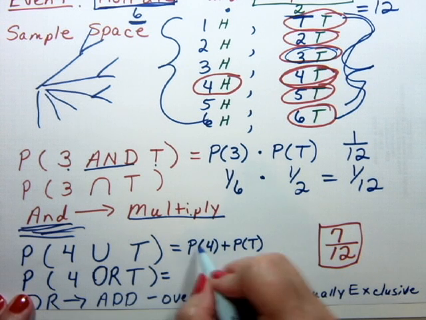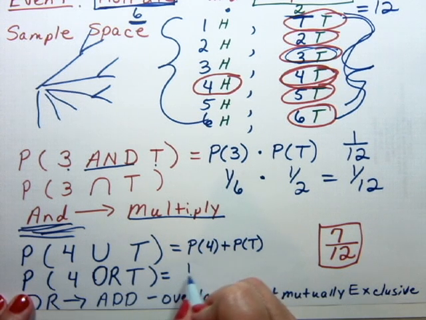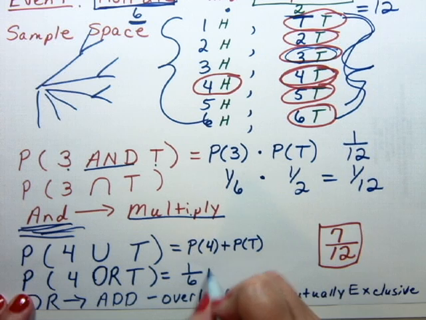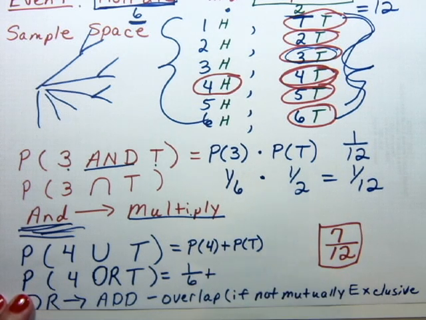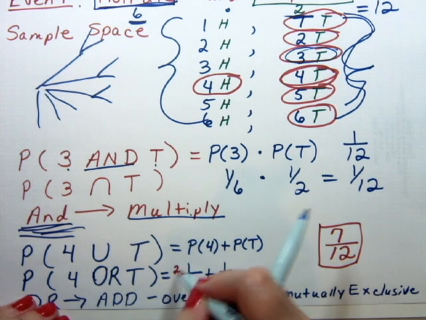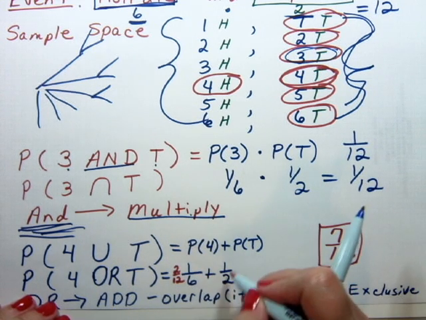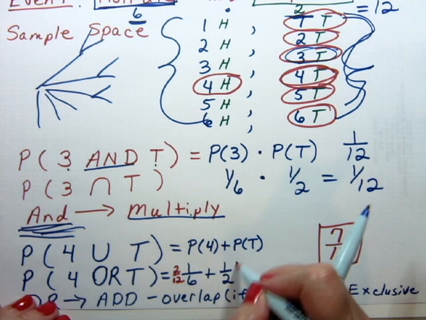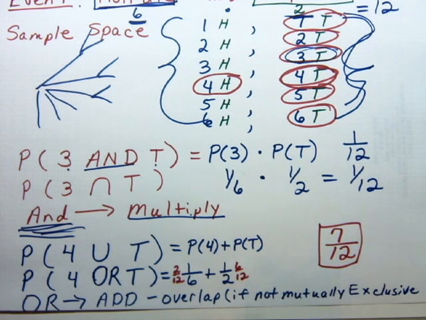The probability of a 4 is 1 out of 6 plus my probability of tails is 1/2. Now let me get a common denominator. My common denominator would be 12. So I'm going to multiply top and bottom by 2 and I get 2/12. Top and bottom by 6 and I get 6/12. And notice if I do 2/12 plus 6/12, that is 8/12, not 7/12.